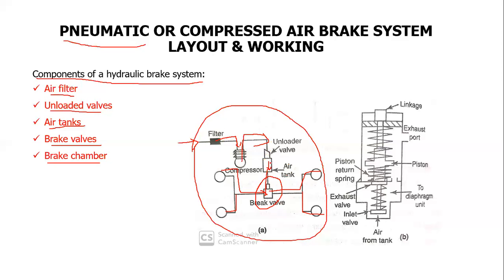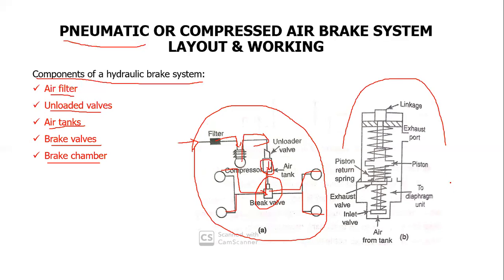From the unloader valve, it enters the air tank, which is called the reservoir. From that reservoir, with the help of the brake valve, the pressurized air is distributed to the wheels. So this is the working and proper layout of a pneumatic compressed air brake system.